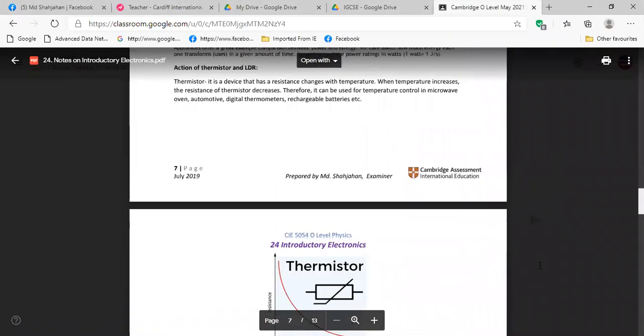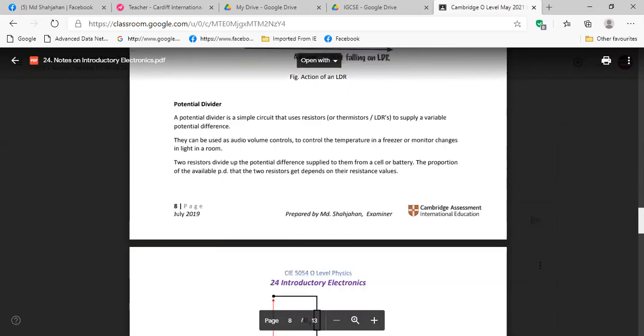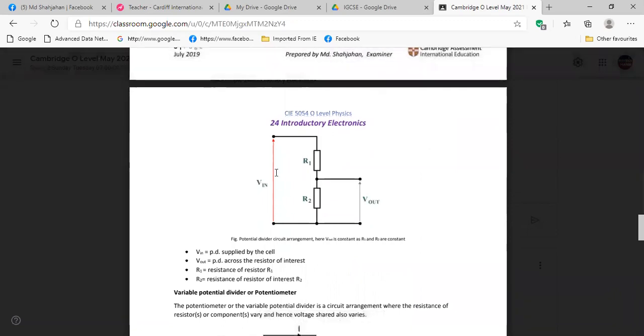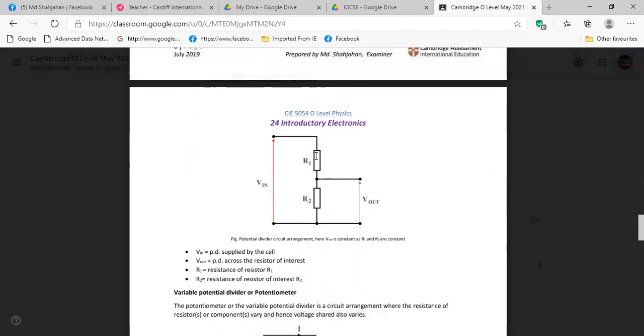Oh, potential divider. You also got it in current electricity, DC circuits, right? Can you remember that one? Potential divider means you have a source voltage, and this source voltage will be divided among the appliances.